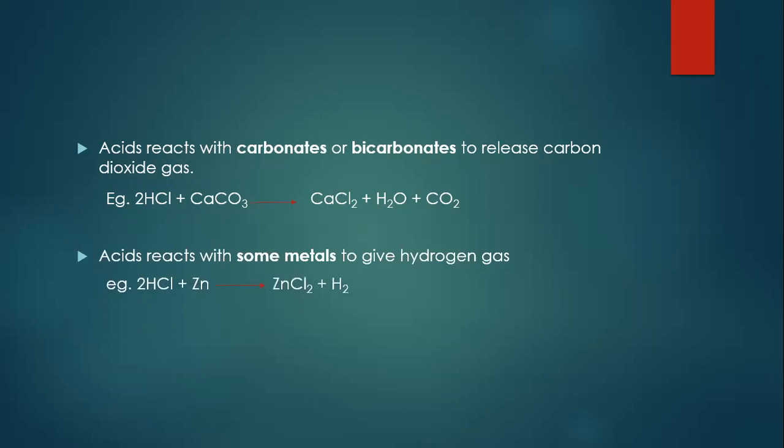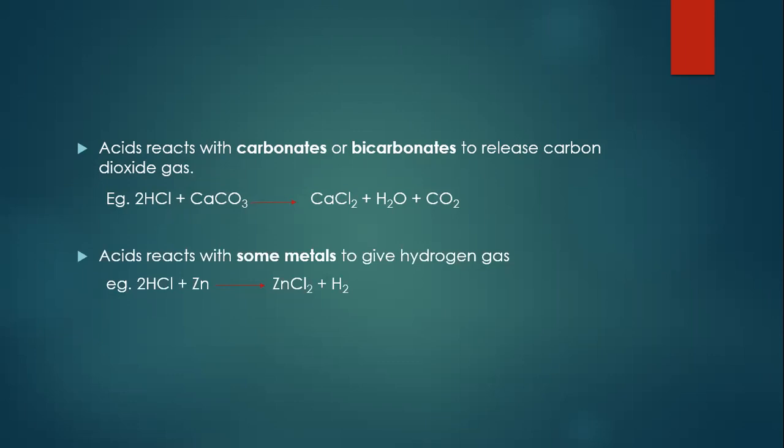A practical example is zinc. Now, when zinc reacts with an acid, sodium is also part of this, when they react with an acid, you notice that you have zinc chloride, a salt, then hydrogen gas being released, H2 is being released.